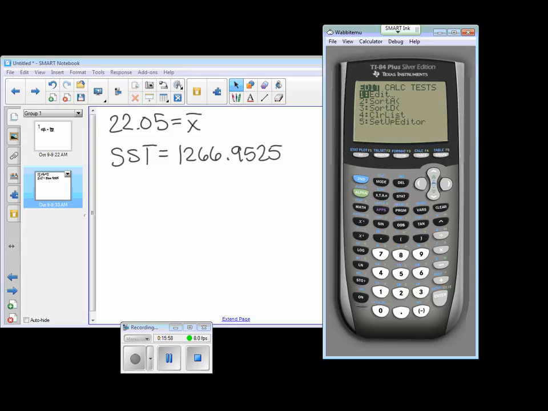Stat, calc, 8. Good. Now, be careful. The default is list 1, list 2. But didn't we switch them? We have to tell the calculator that. So you're going to tell the calculator we're going to go from list 2 to list 1. Just backwards, that's all. L1, L2, L1.